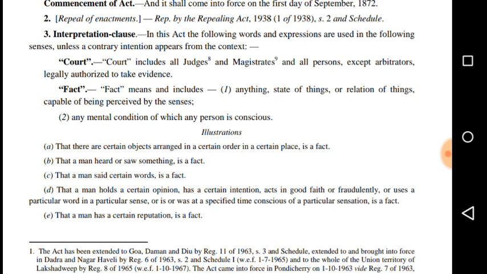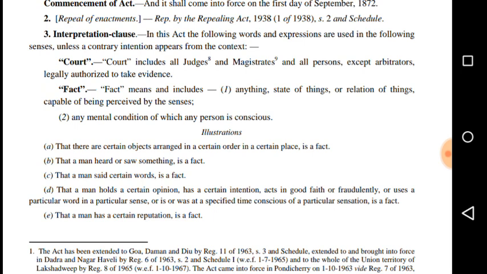So what is the meaning of the expression court under the Indian Evidence Act? This expression includes all judges and magistrates and all persons, except arbitrators, legally authorized to take evidence. Court does not include arbitrators legally authorized to take evidence.